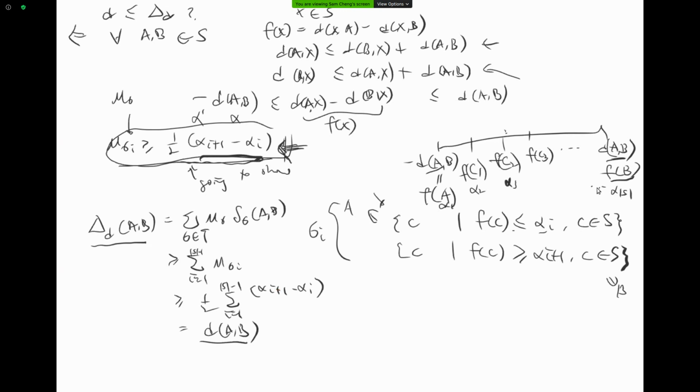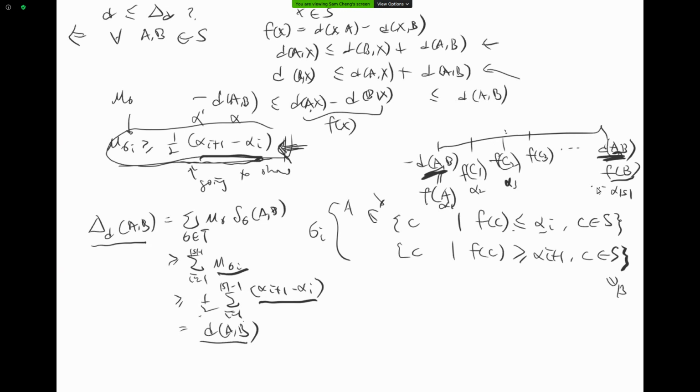Yeah, so we have mu sigma I is bigger than or equal to that, and then again this alpha I plus 1 minus alpha I, if I add all of them together from 1 to s minus 1, then we just get the whole distance, dab minus dab, so basically 2 dab there over 2, I will get dab back.